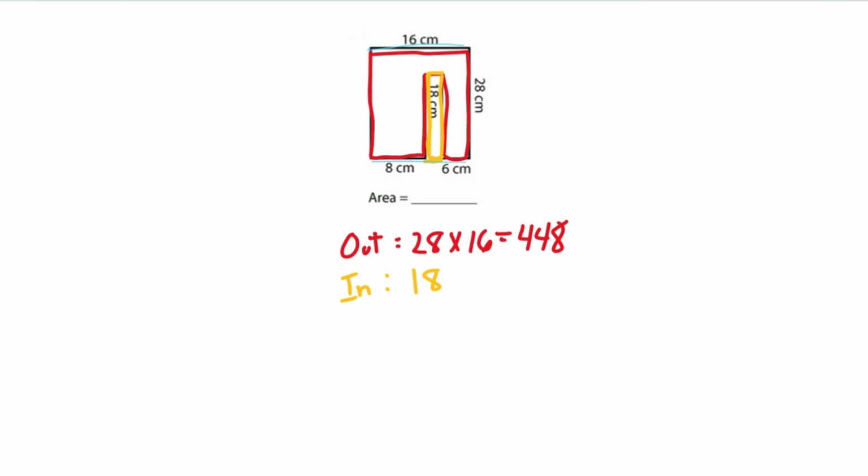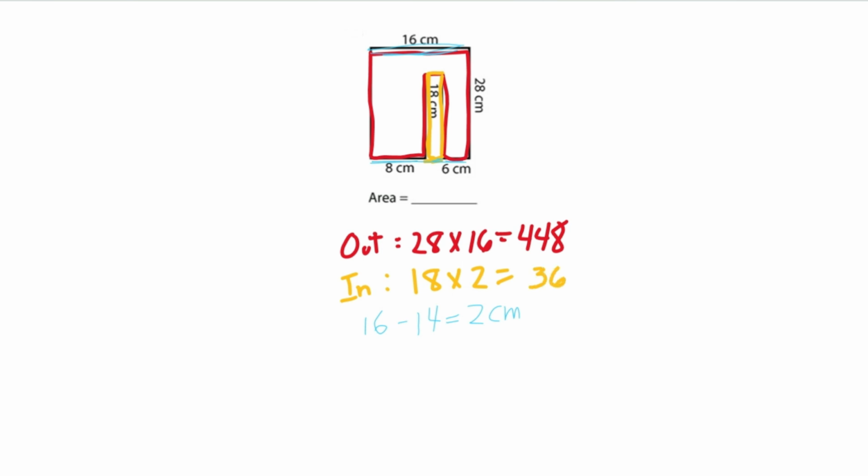So we're going to determine the length of what we have there, which is 8 plus 6. So we're going to subtract 14 from 16, and that small section has to be 2 centimeters. So that's what I'm going to multiply for my width of the inner. And 18 times 2 is 36.